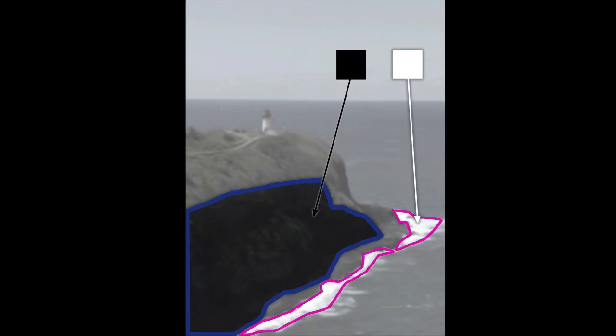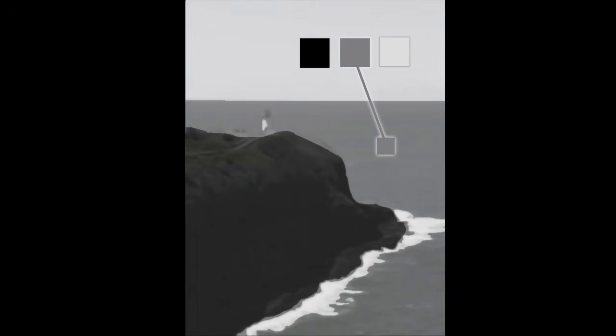So this scene, luckily, does have a pure black and a pure white, and this gives us a point of reference. When we want to compare all the subtleties and grays in between black and white, if we compare them to the pure black, we can see how dark a gray is. We compare light grays to pure white, we can better gauge how light it truly is. So that's why you want to look for the absolutes.